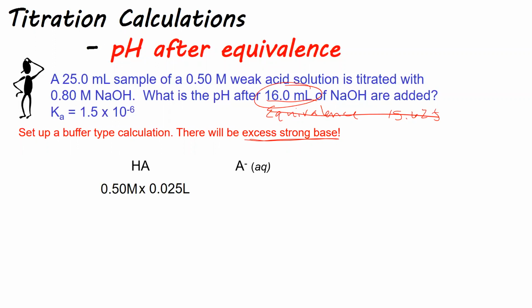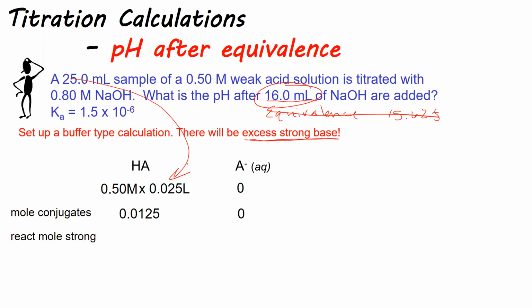So we have the 0.5 molar weak acid and we have 25 mL of it, which becomes 0.025 liters. 0 of the conjugate base. And if I find moles, I have the 0.0125 moles and 0 moles of the conjugate base.